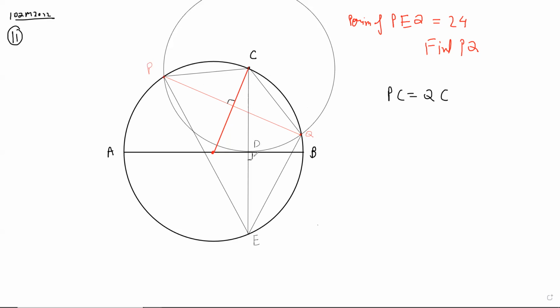Ishana, do you know what Ptolemy's theorem is? No, sir. No? Okay. So the statement is: if you have P, C, Q, and E, a cyclic quadrilateral, then there's a very interesting relation between the side lengths. It is essentially a different result from power of a point.